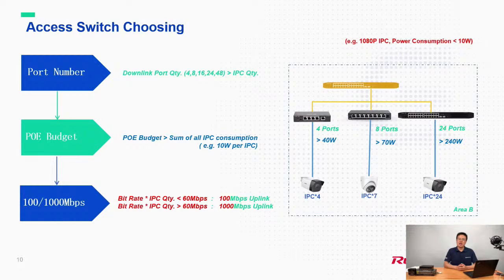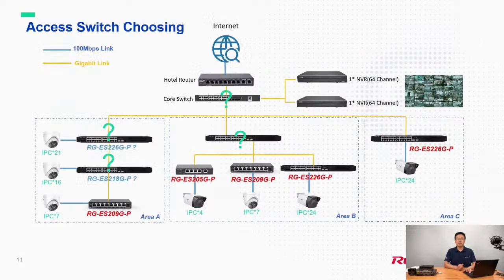If the result is more than 60 Mbps, we should choose a gigabit uplink switch. So for these three switches, the first one can use 100 or 1000 Mbps, and the second one also. For the third one, we must use the gigabit switch.